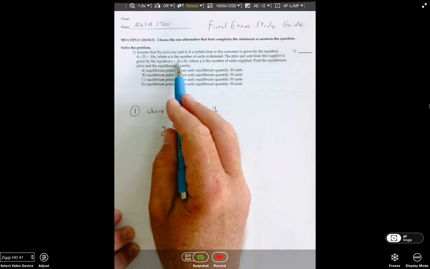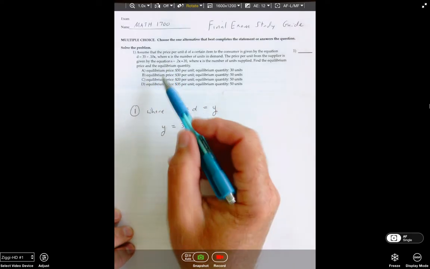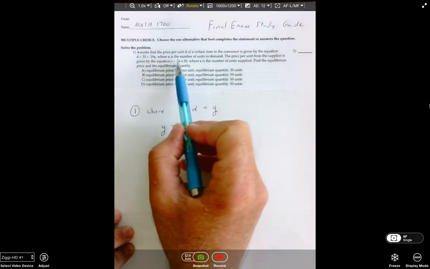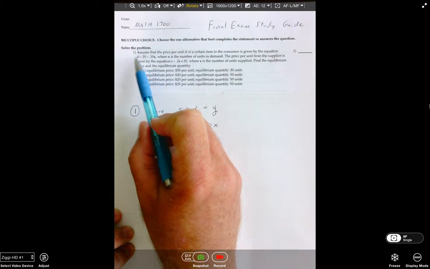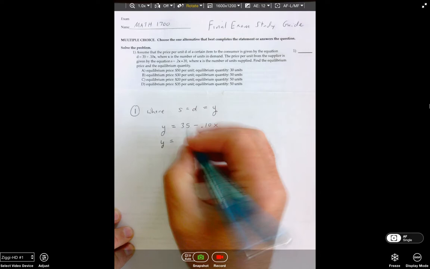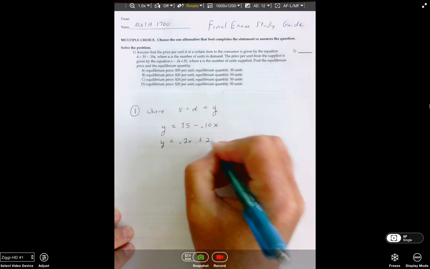And we know that the second one, because of the unique goal of the problem, finding the equilibrium point, price and quantity, where supply is equal to demand, is y equals 0.2x plus 20.